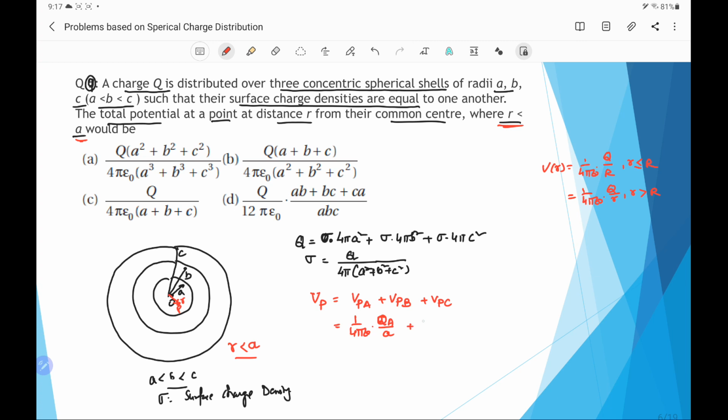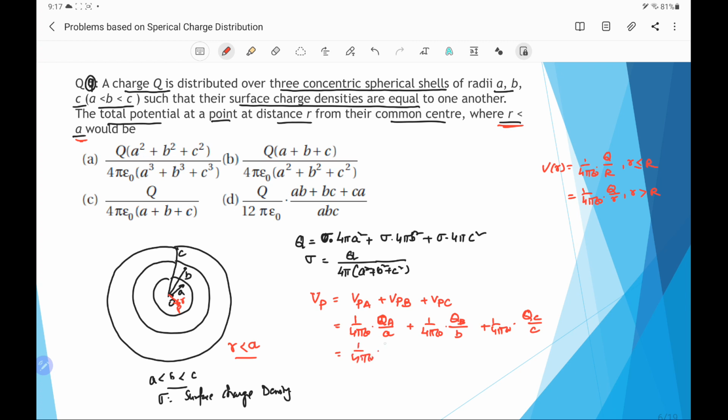Similarly, we can write for shell B, it is 1 by 4 pi epsilon naught QB, this is the charge on the surface of shell B, divided by B, because P is also inside the shell B, plus 1 by 4 pi epsilon naught QC by small c. Now we put the value of QA, it is 1 by 4 pi epsilon naught.